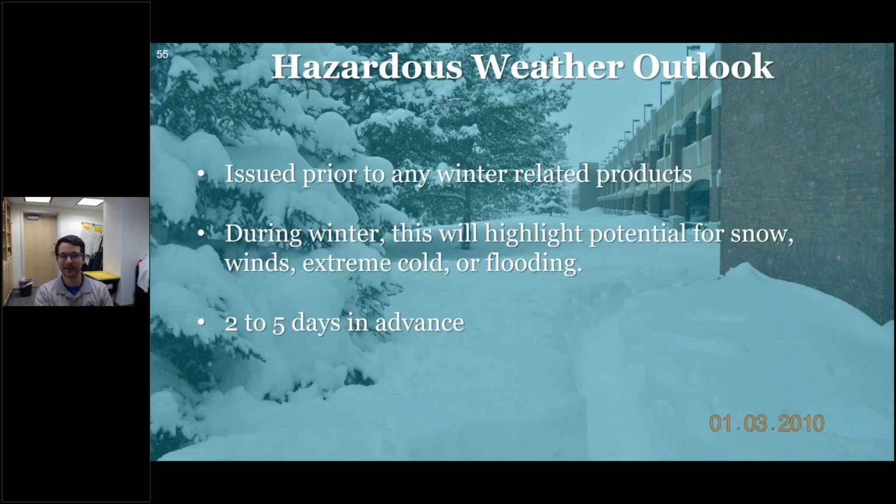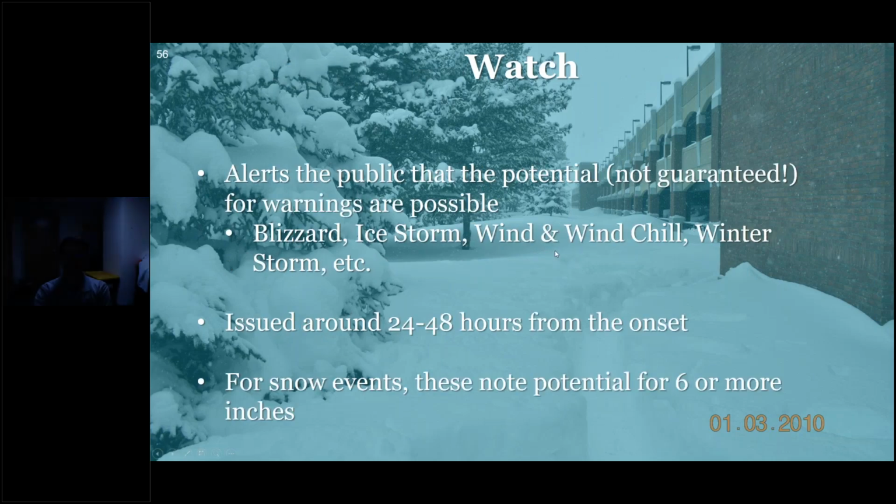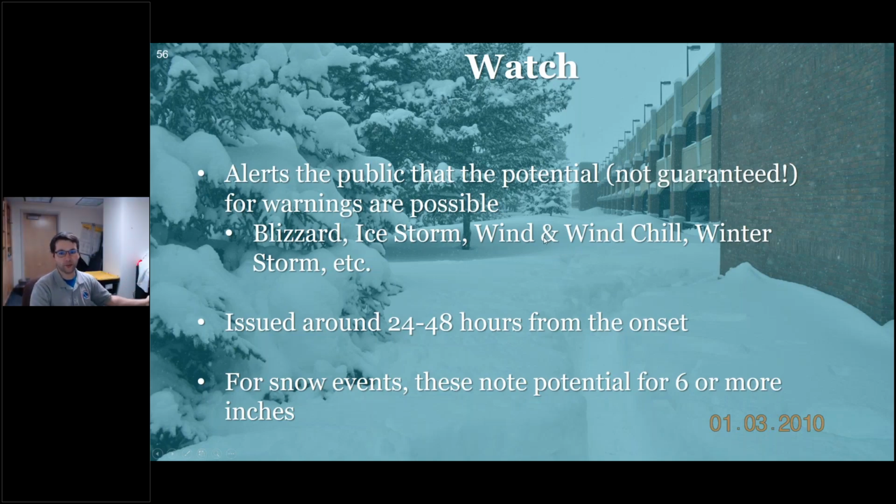So it can be something as far as 2 to 5 days in advance of us issuing headlines. So when we're starting to see potential is when we start issuing things like the hazardous weather outlook to start the first level of communication of we're starting to see things, but it's still a thing in the future.